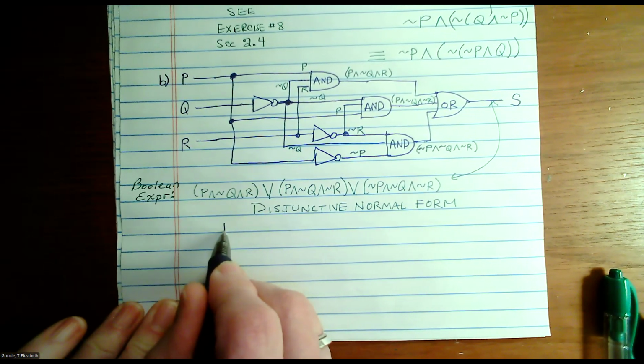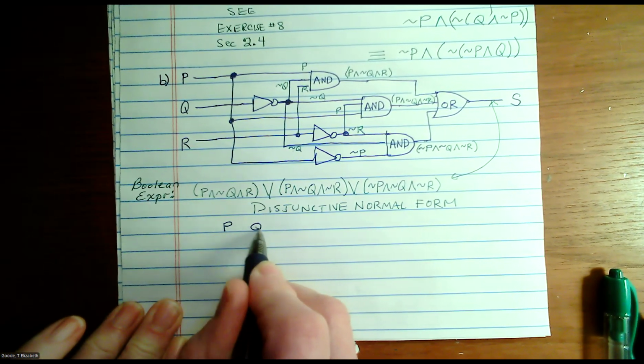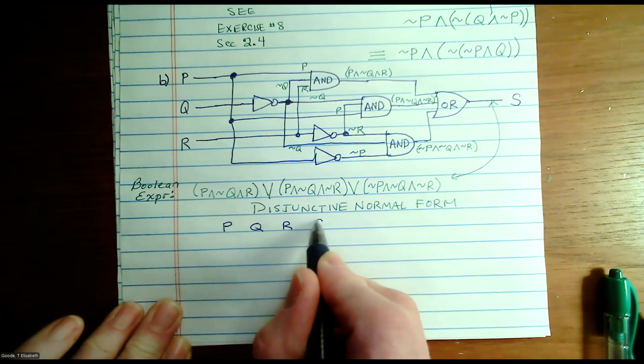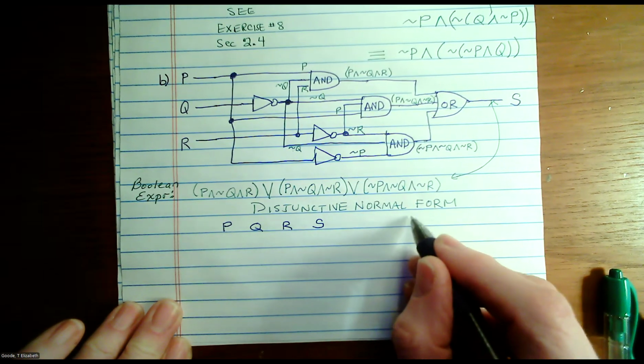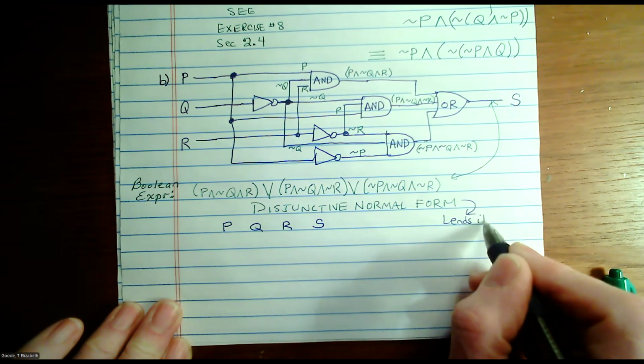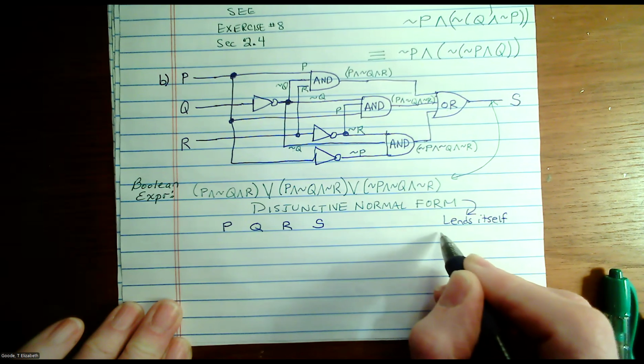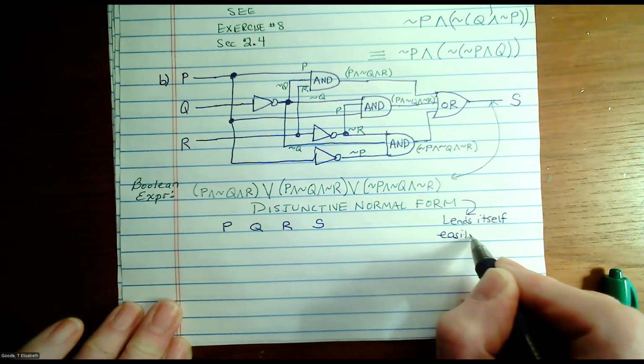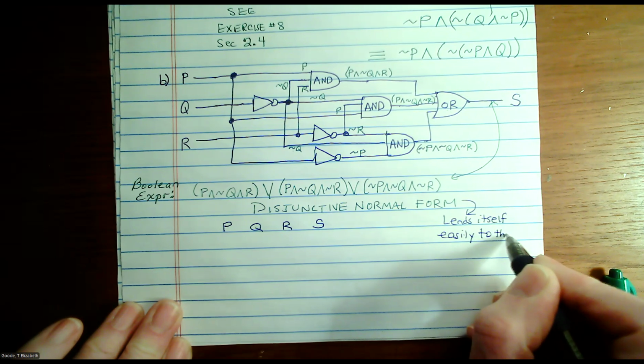I'm going to see if I can fit it in here. P, Q, R. Okay, so this lends itself easily to the IO table.